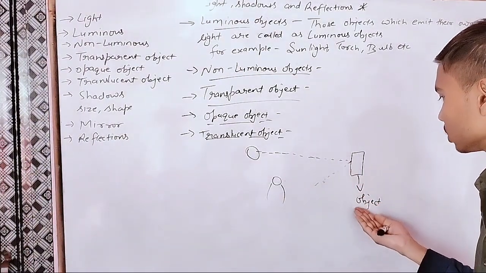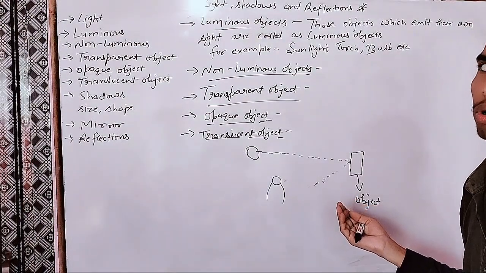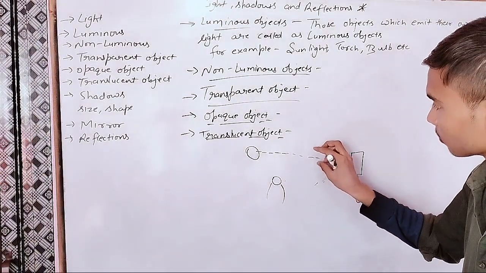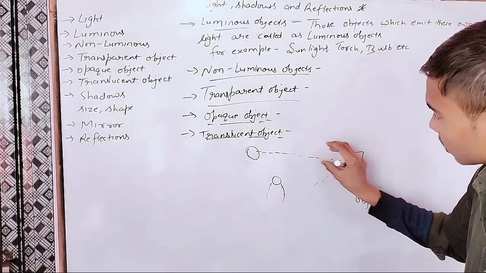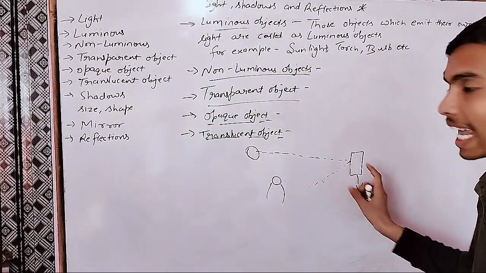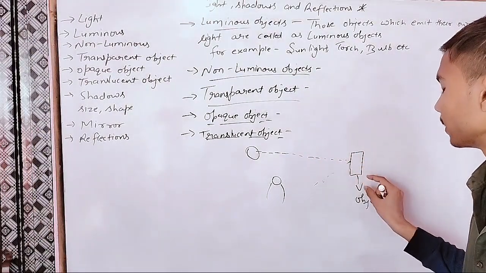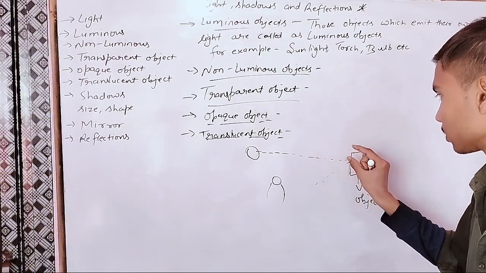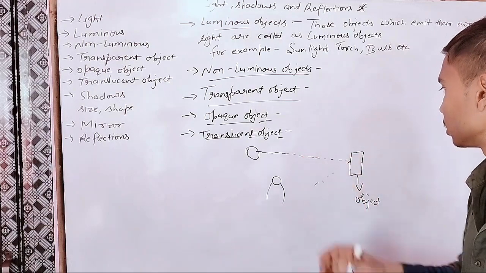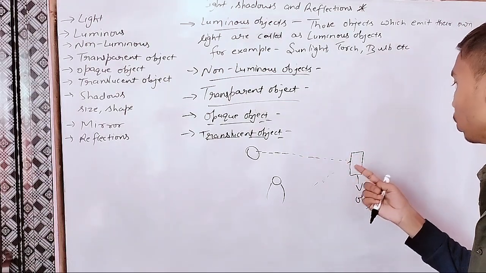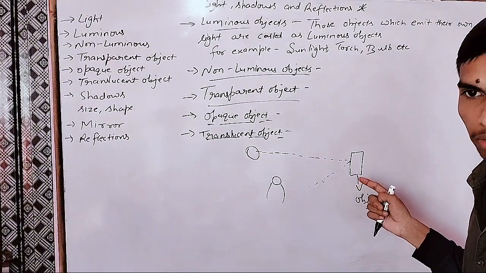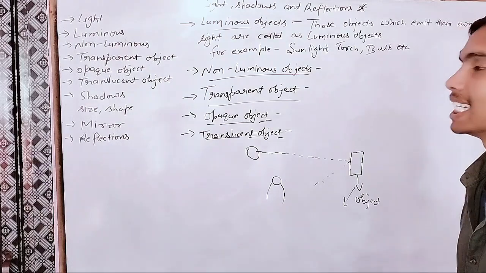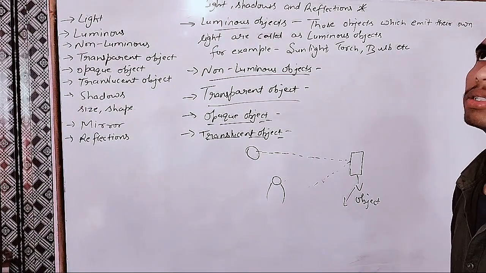So the light passing through this object will not form a shadow behind it. Rather, the blocked light, the blocked area, the light that was being blocked, would form a shadow behind this object.